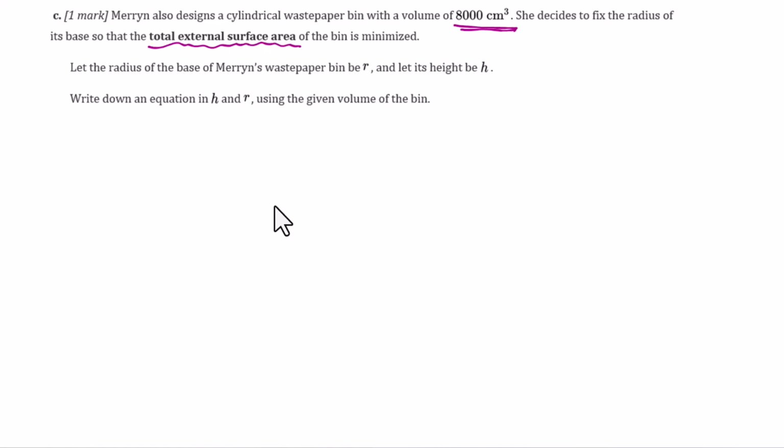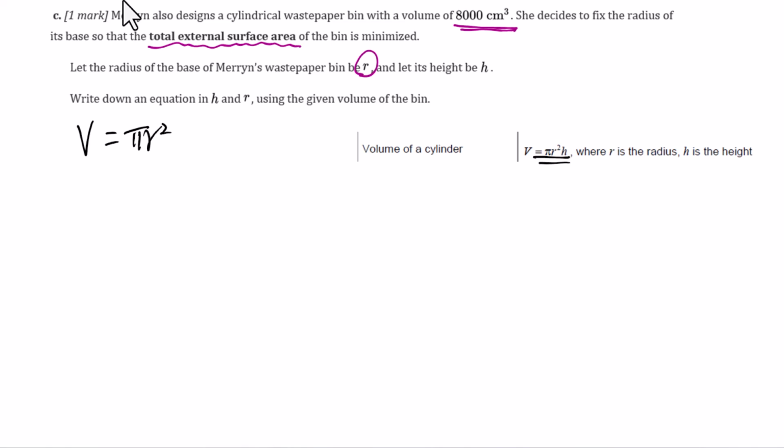Let the radius of the base of Marion's waste paper bin be r, and let its height be h. Write down an equation in h and r using the given volume of the bin. We have to use this formula. V equals pi r squared h. V volume is 8,000 equals pi r squared h.